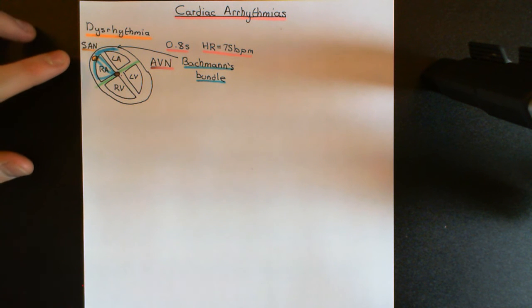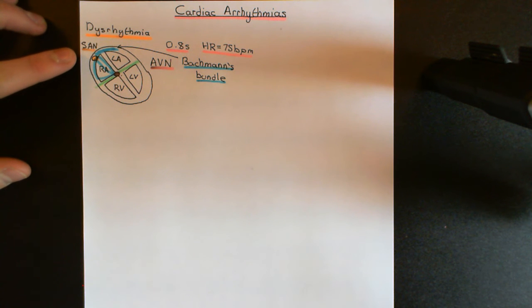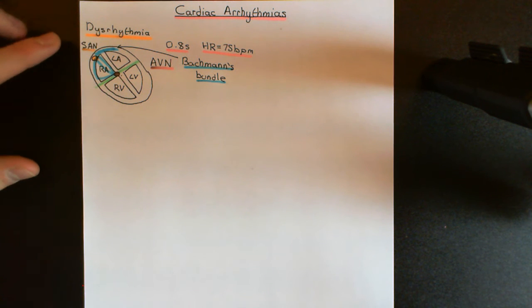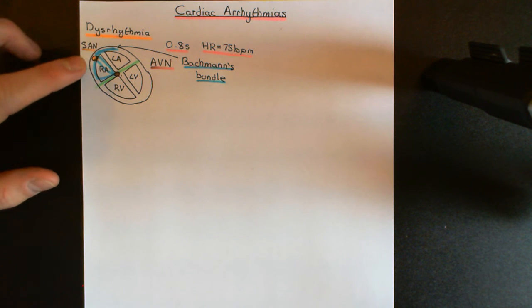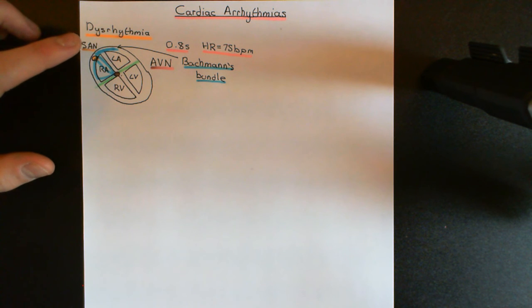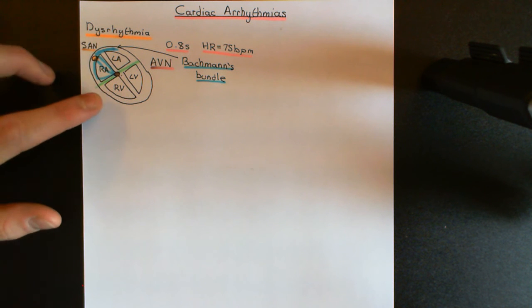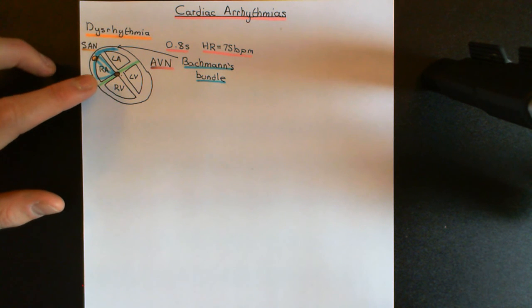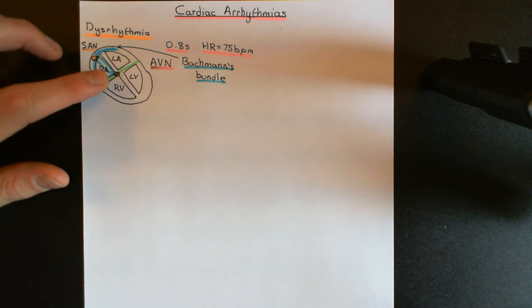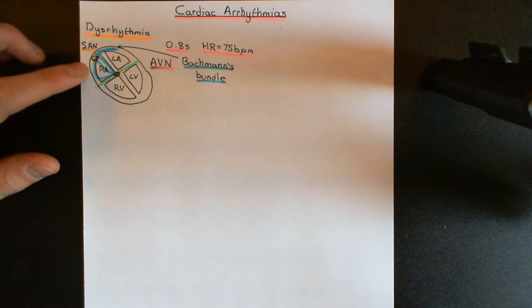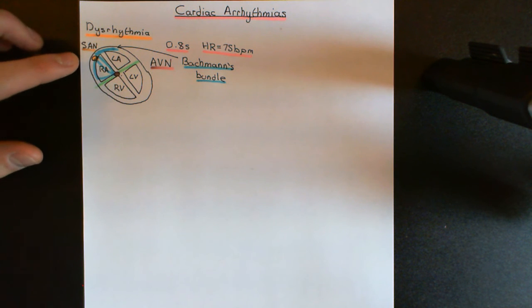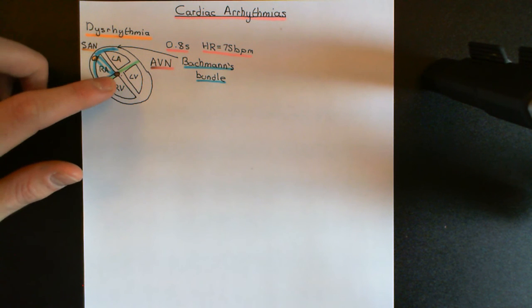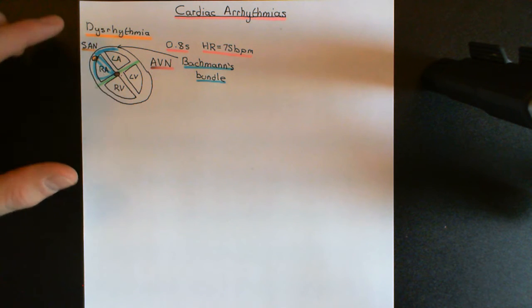So what will happen, to summarise then, is the sinoatrial node will generate an action potential every 0.8 seconds, and it will of course pass this to the surrounding contractile cardiomyocytes, and those will conduct the action potential to the neighbouring cardiomyocytes. In addition, we have these special conduction systems, or at least most people believe we have them, which pass the action potential very quickly from the sinoatrial node to the atrioventricular node down here.